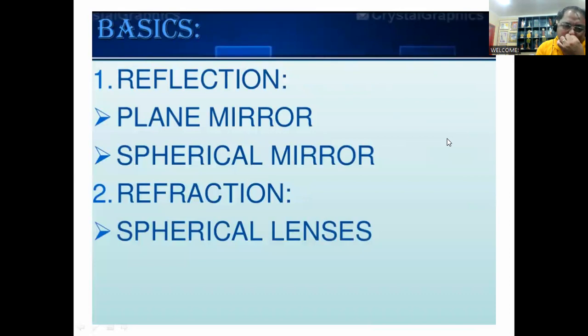Now we have several types of mirrors. One type of mirror is the flat, plane mirror, which is largely found in all of your homes. Most likely in each of your houses you have larger plane mirrors and smaller ones, but definitely you have at least one mirror in your house.